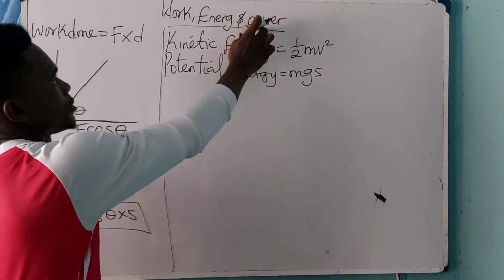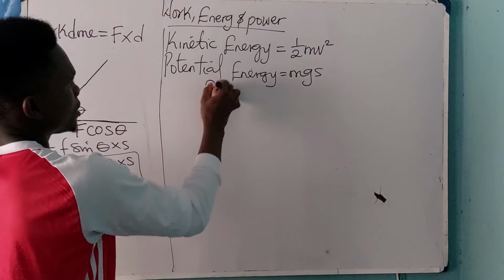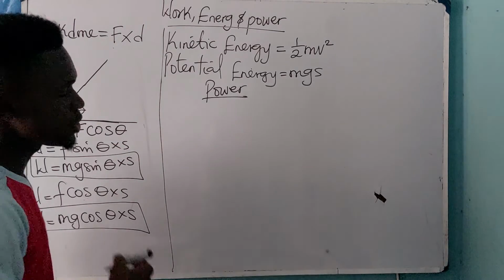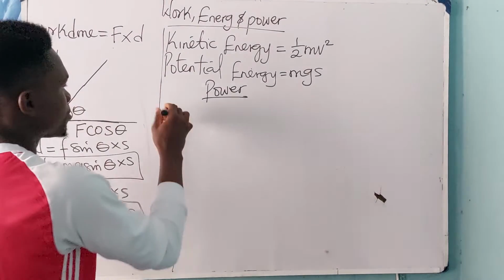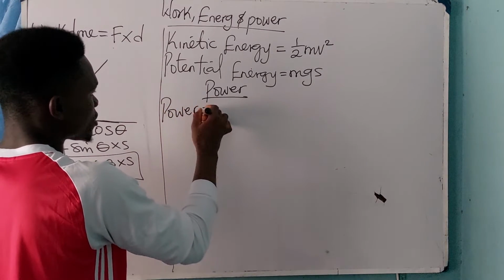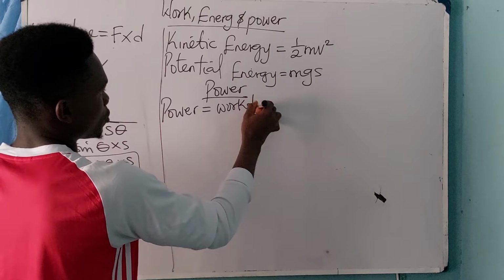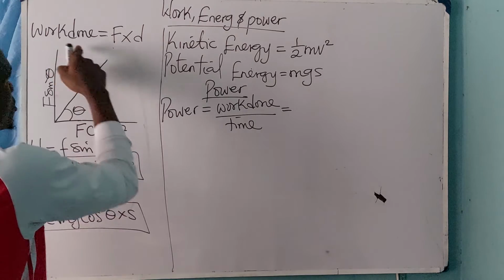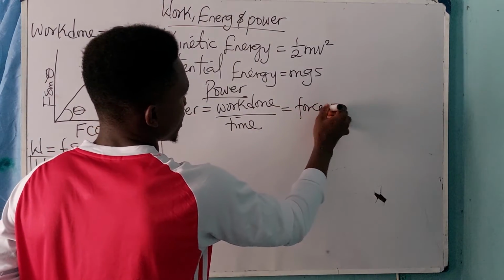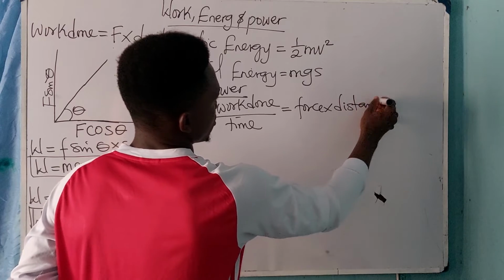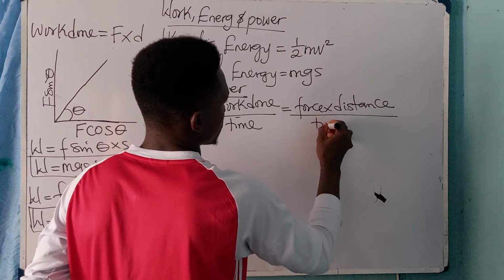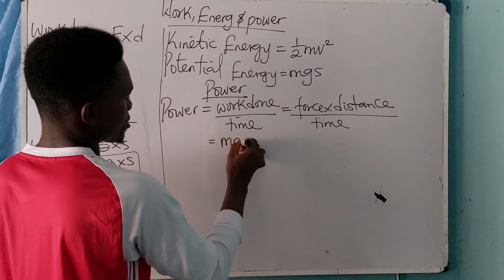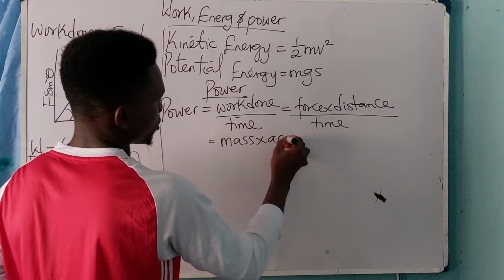And lastly, you have power. Power means the rate at which work is done. Therefore, it is the ratio of work done to time. Power is equal to work done over time. Of course, you know that work done is force times distance over time, and force is mass times acceleration.